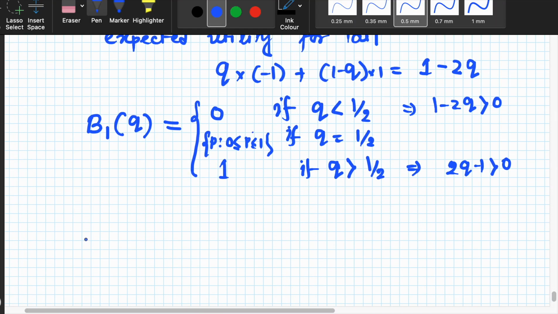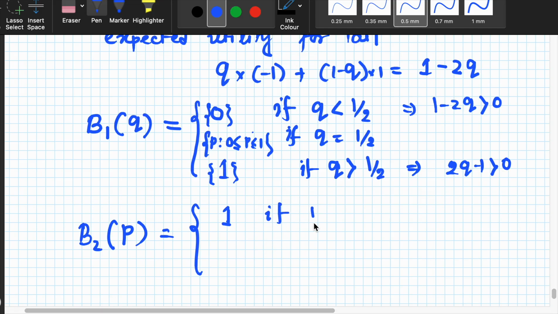Now we can write the same thing for player 2 also. For player 2, the best response is q equal to 1 if p is less than half.